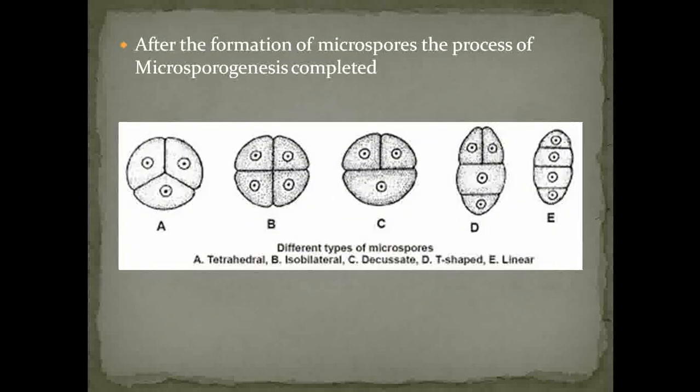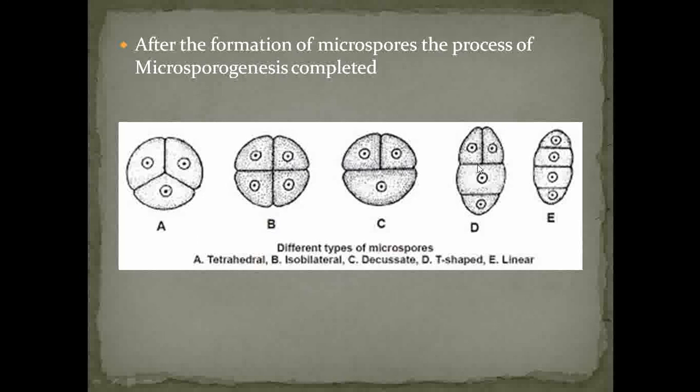So after the process of microsporogenesis, different types of microspore arrangements are formed according to the type of species. What are the types? The first type is called tetrahedral. The second one is called isobilateral. The third one, according to their structure, is called decussate.